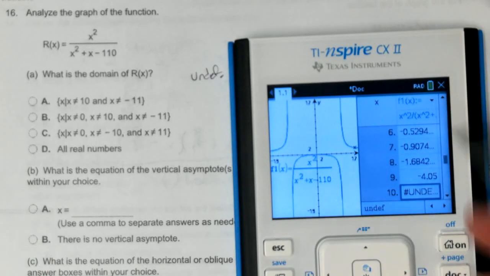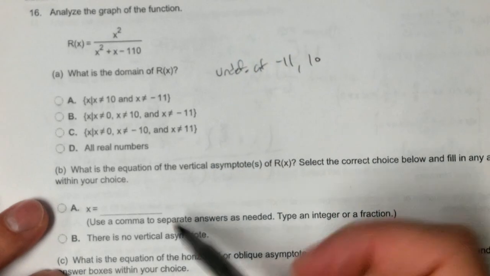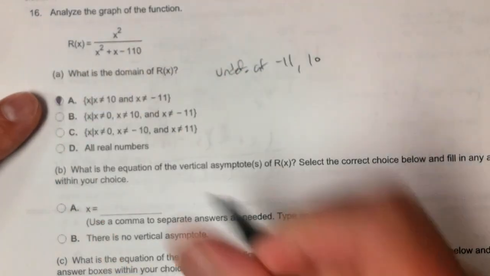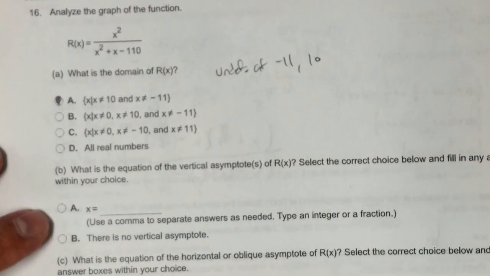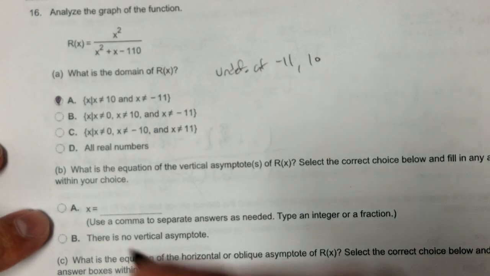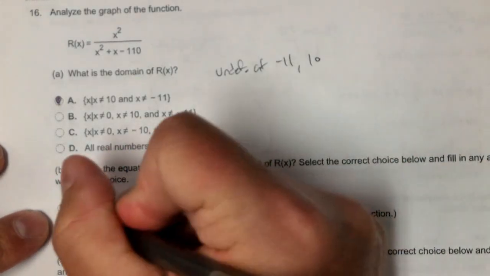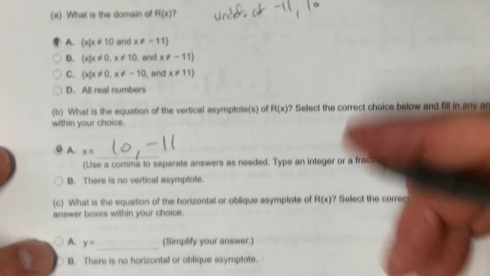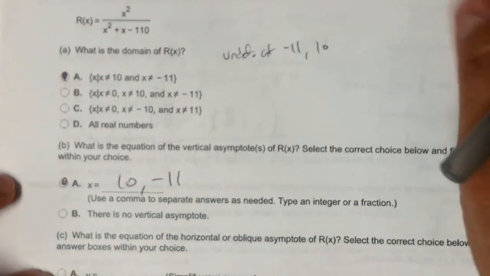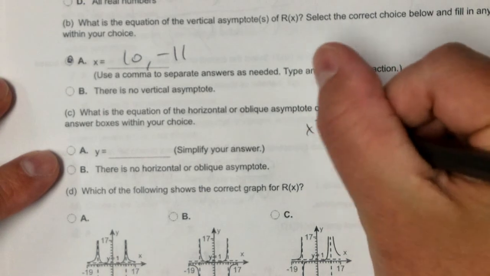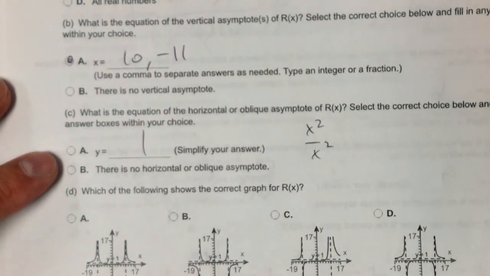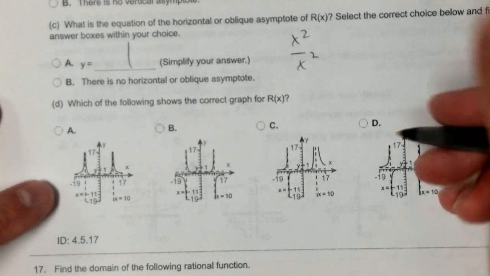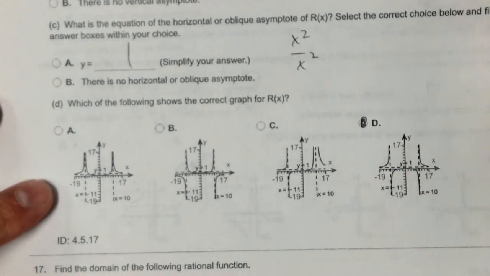So those are your two vertical asymptotes, and so that's going to be A. And so there's your 10 and negative 11. For your horizontal asymptote on this one, you do x squared divided by x squared, and so you get 1. And that's the D graph.